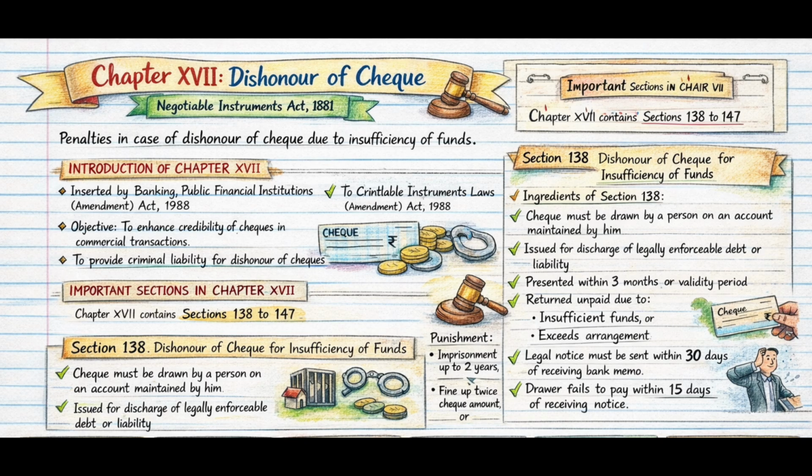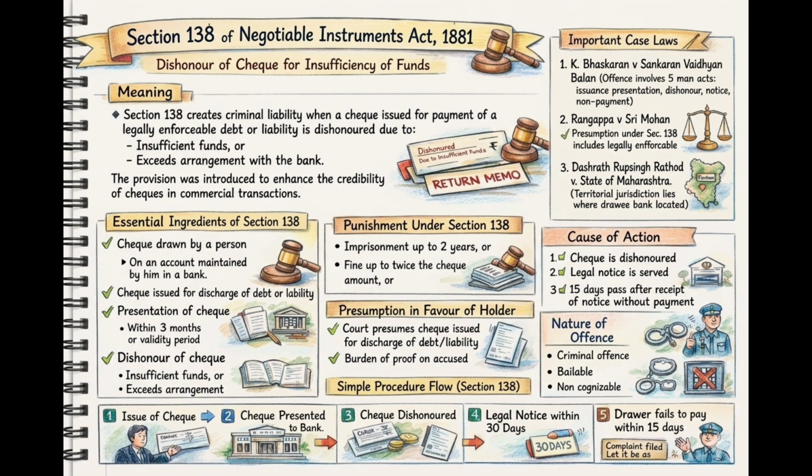Section 138 of the Negotiable Instruments Act 1881 is a unique provision in Indian law because it turns a civil breach of contract, failing to pay a debt, into a criminal offense. For law students and practitioners, understanding Section 138 requires breaking it down into its ingredients, the procedural timeline, and the punishment.